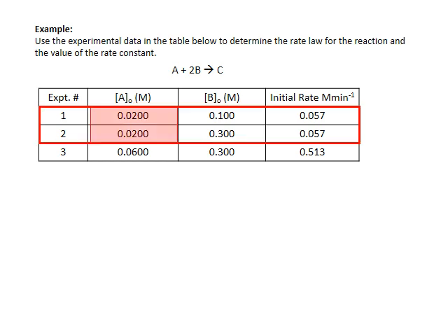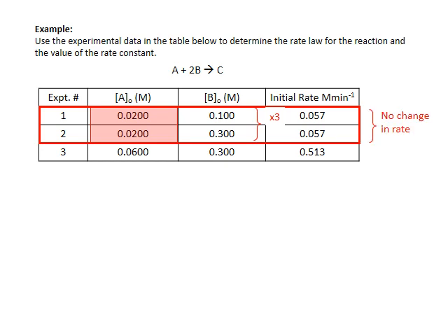So again, we're going to start this process by looking at experiments 1 and 2, for which the concentration of A was held constant at 0.02 molar. From experiment 1 to experiment 2, the concentration of B was increased from 0.1 molar to 0.3 molar, which is a factor of 3. What happened to the initial rate of the reaction when we increased the concentration of B?